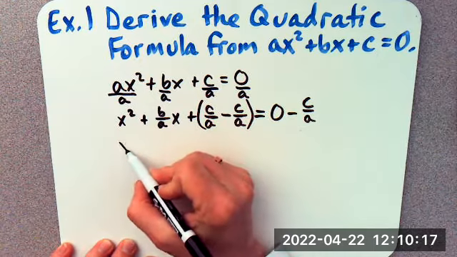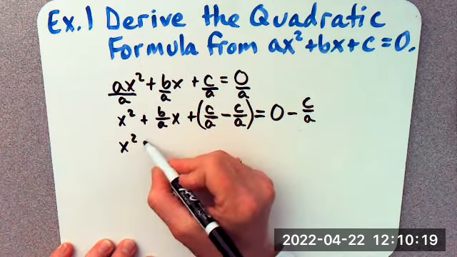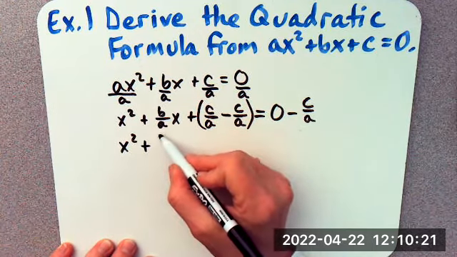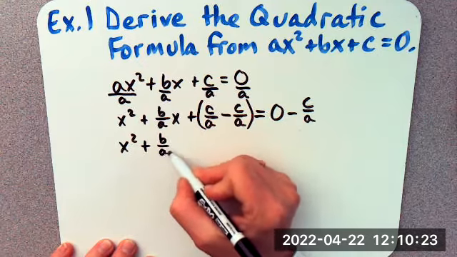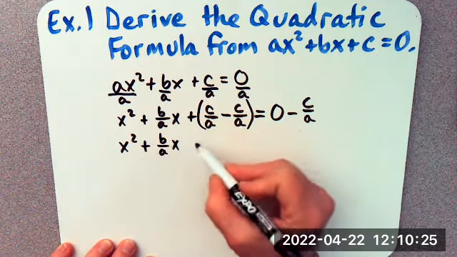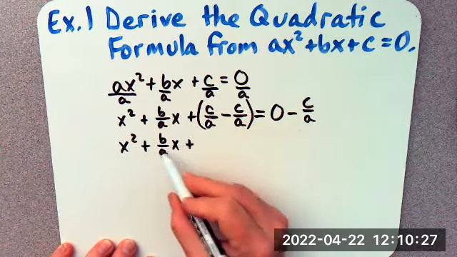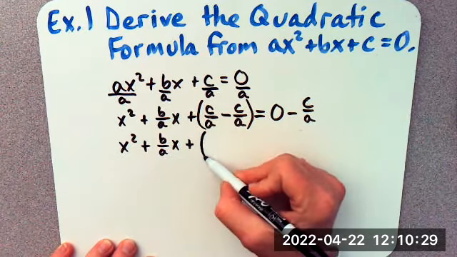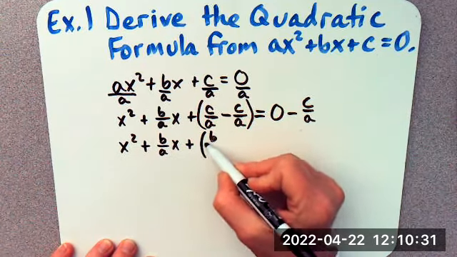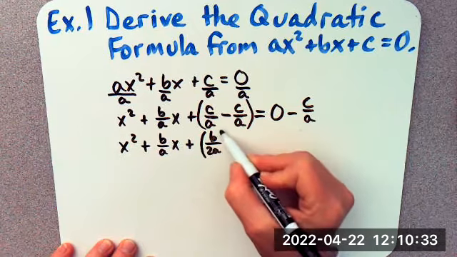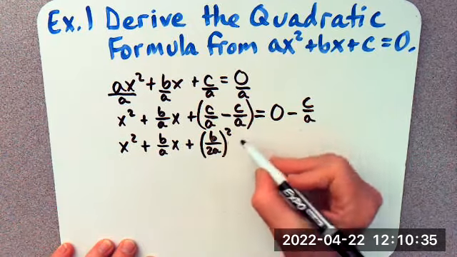So what we want to do is complete the square now. So we have x squared plus b over a x. And then we want to add a completion of that square. So we're going to take b over 2a and we're going to square it.